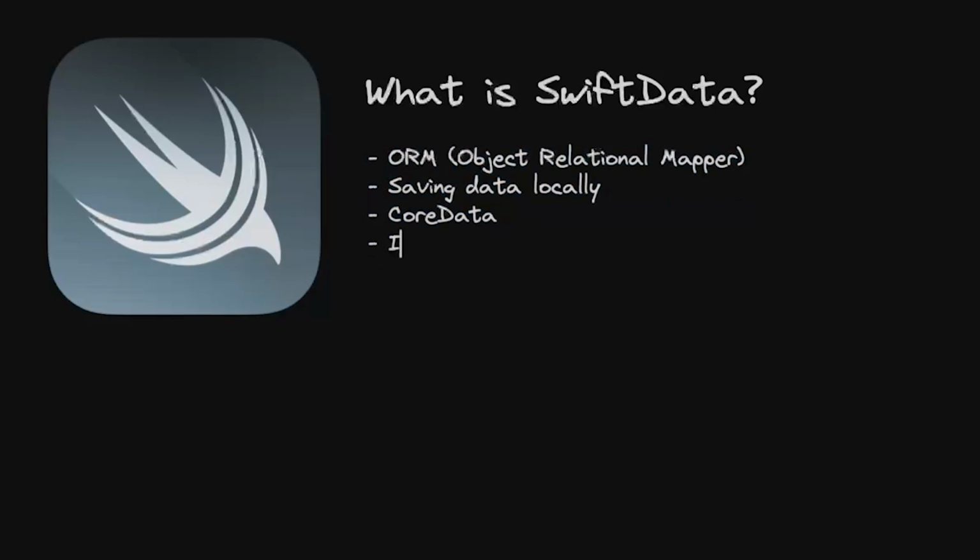It also can integrate with CloudKit. CloudKit is Apple's way to save data in iCloud in kind of a relational database, but it's not like Postgres or MySQL or anything that you'd think of. It is a relational database, but it's native to iCloud.